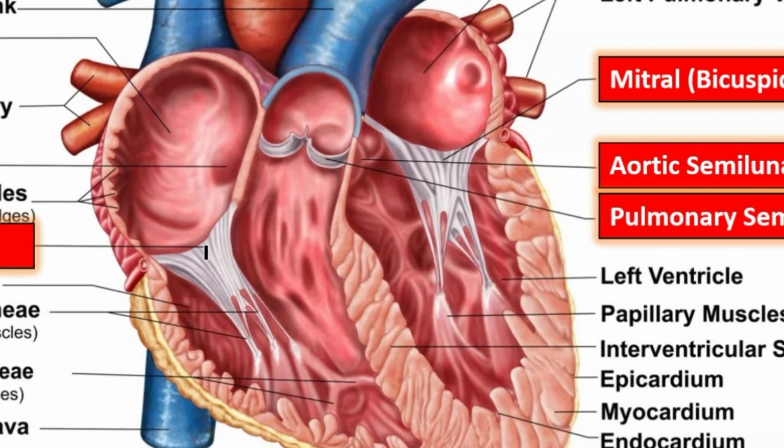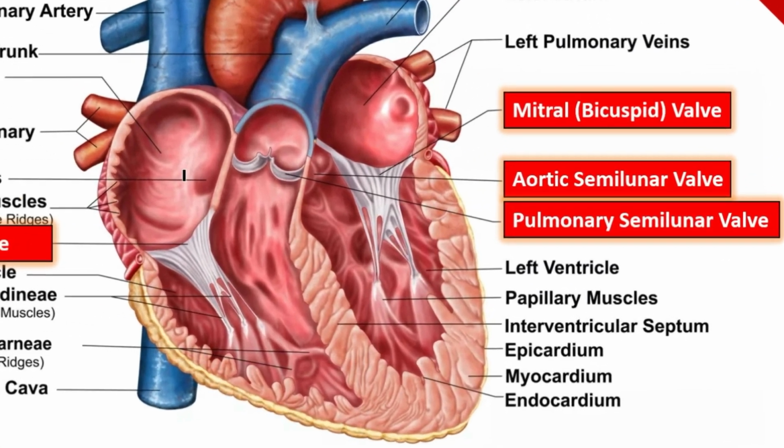The tricuspid valve is present between the right auricle and right ventricle. The mitral valve or bicuspid valve is present between the left auricle and left ventricle, and semilunar valves are present in the pulmonary artery as well as at the starting point of the aorta.